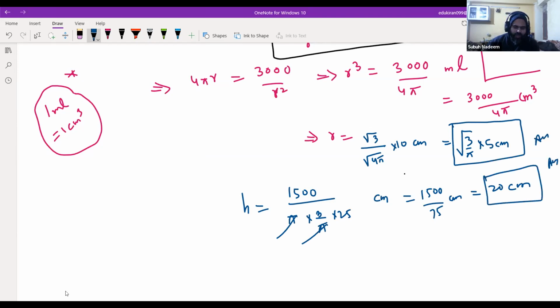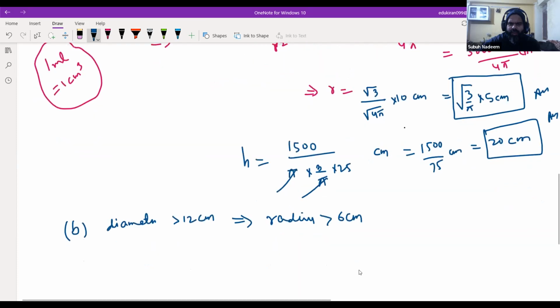For the second part, it is saying that if diameter is greater than 12 centimeter, which means that radius is greater than 6 centimeter, will it affect the optimal value?